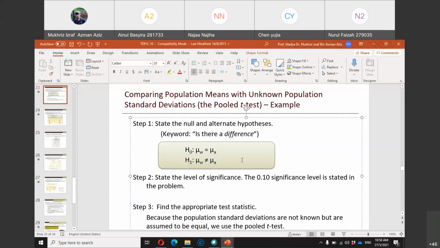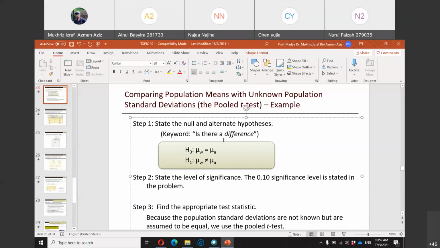So in our case here, we do not reject. So do not reject means we cannot support H1. So your conclusion for step number 5, part number 3, because we cannot reject, we conclude that there is no difference between the mean of Wallis and the mean of Atkins.